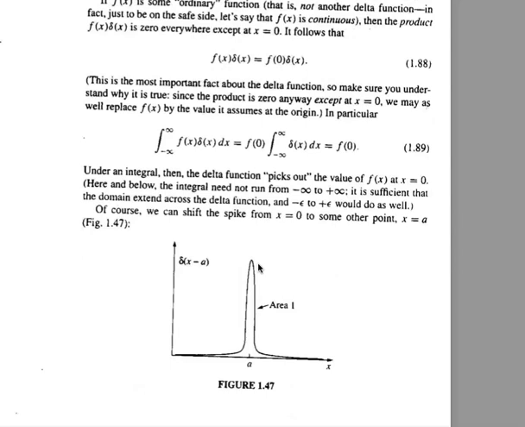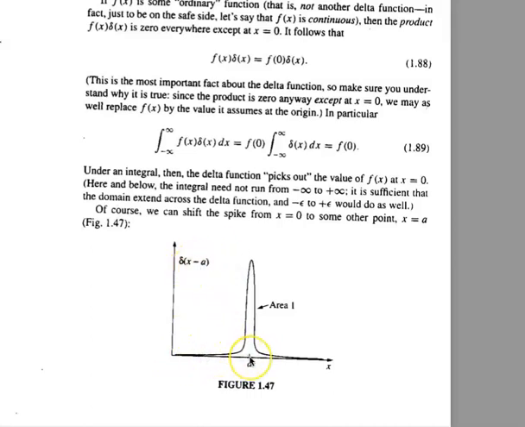So now this is the way that I want to think about this. This is a function here, delta of x minus a. This is the standard way that you see it. So as opposed to the function being 0 everywhere except at the origin, now it's 0 everywhere except x equals a.